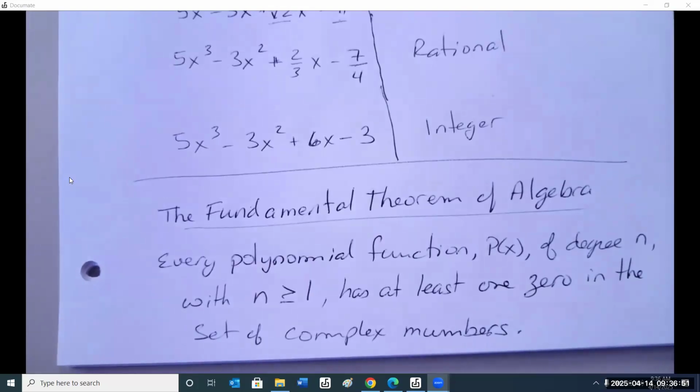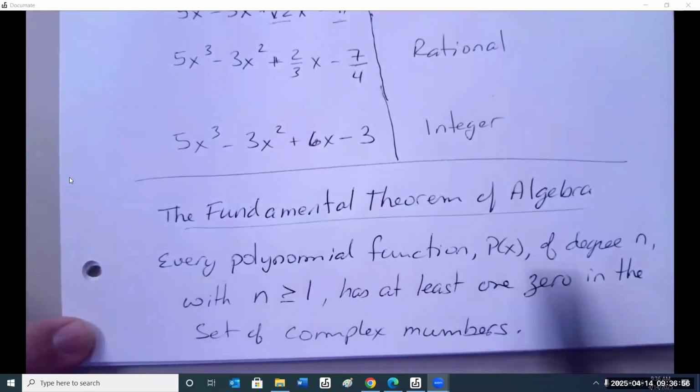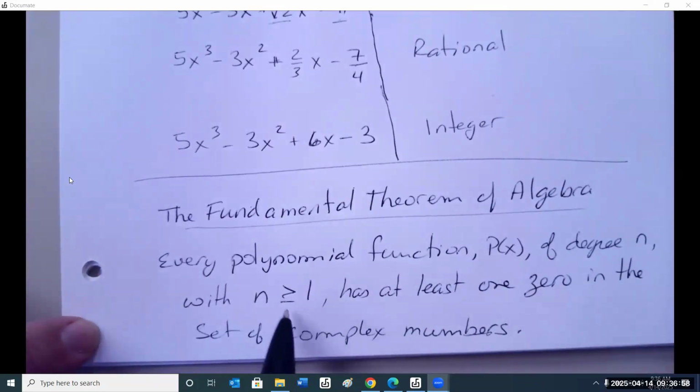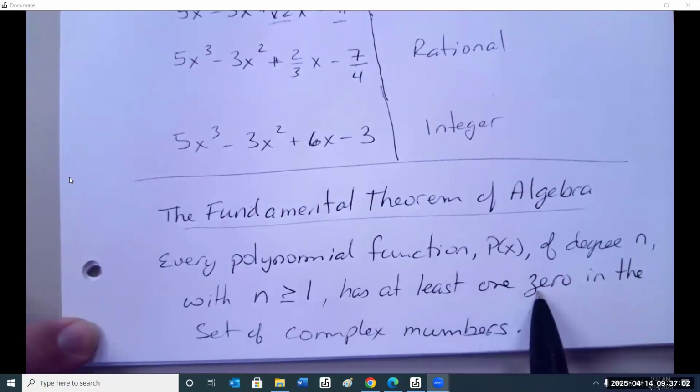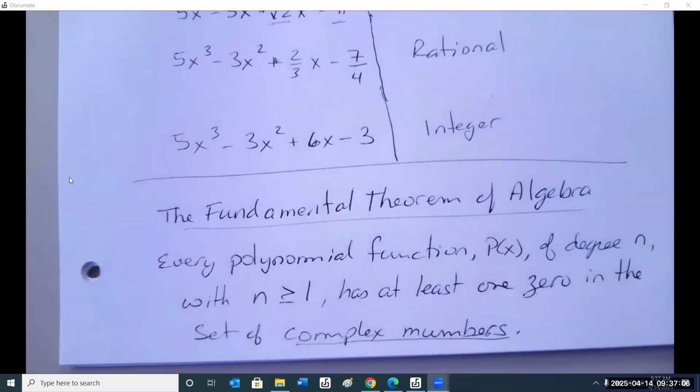So what does that mean? Every polynomial P of X of degree n, with n being a positive integer greater than or equal to 1, has at least one zero in the set of complex numbers. Why complex numbers?